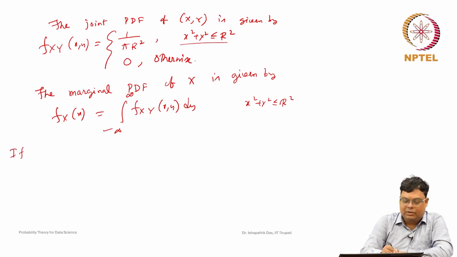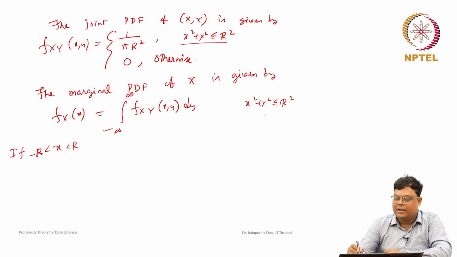So if x is between minus r and plus r, then it will be non-zero. Then the y limit will be: y square is less than or equal to r square minus x square. So y will be greater than or equal to minus root over r square minus x square, and less than or equal to root over r square minus x square.